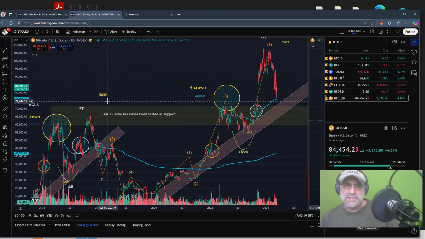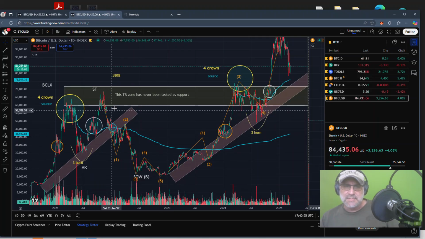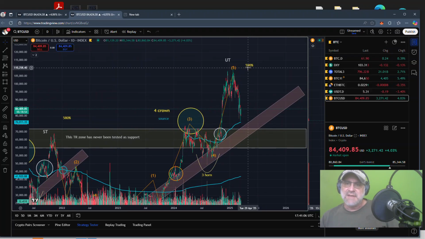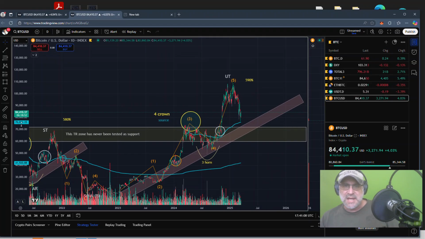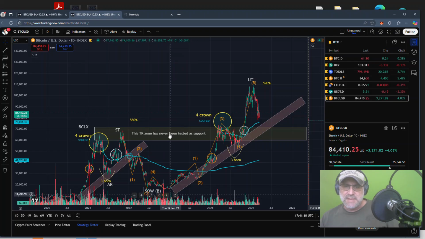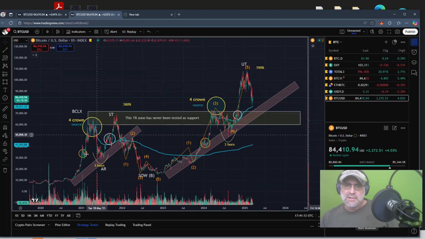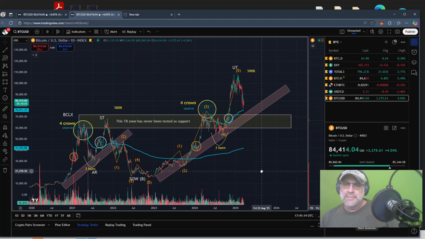Incidentally, both about the same: 580% from the bottom to the top of cycle A of 2021 and cycle B, and then here 590%. So we've gone about the same from their respective bottoms of these dual cycles.